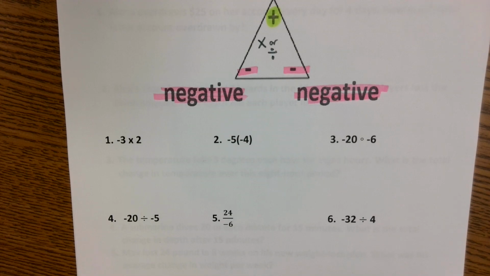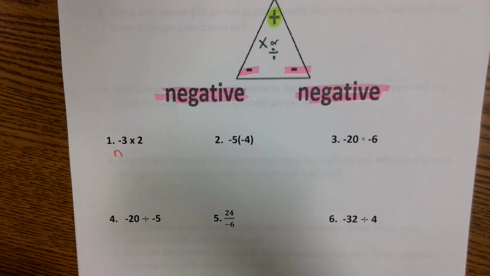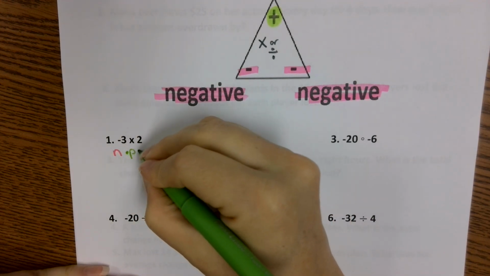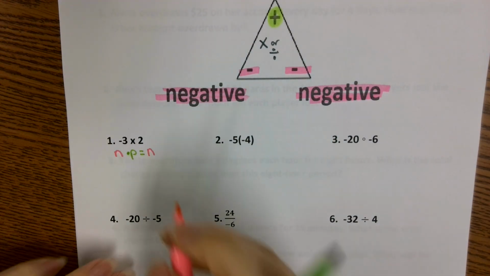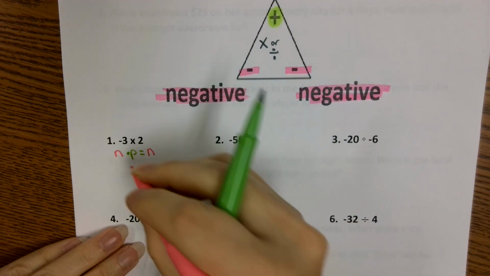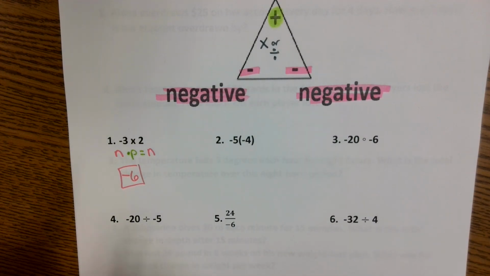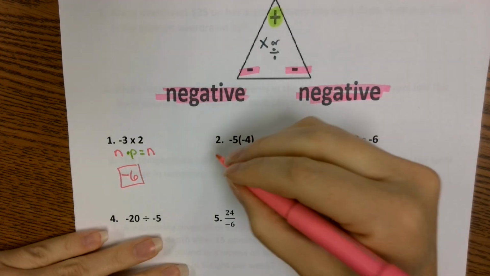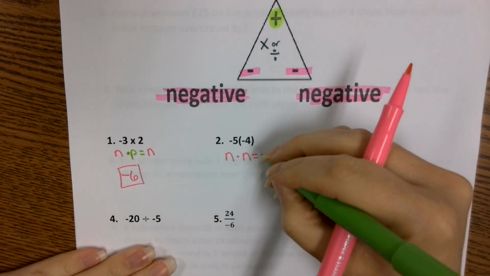For problem number 1, we have a negative that's getting multiplied by a positive, so that's going to equal a negative. So negative 3 times 2 is going to give us a negative 6. For problem number 2, we have a negative that's getting multiplied by a negative. That's going to be equal to a positive.